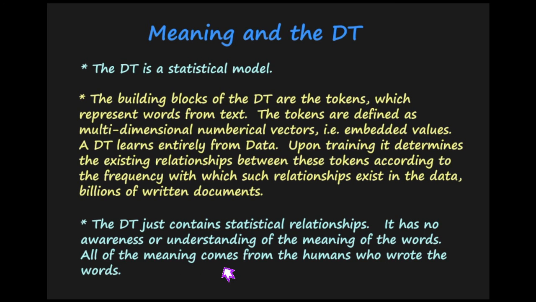So all of that kind of meaning comes from humans who wrote the words. And so you have to hope that the humans who wrote them wrote objectively true things, or the decoder transformer would relate nonsense. If you put in nonsense words, it would output nonsense to you as a result.